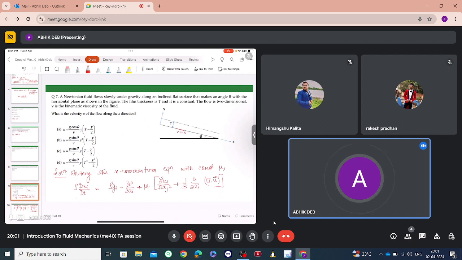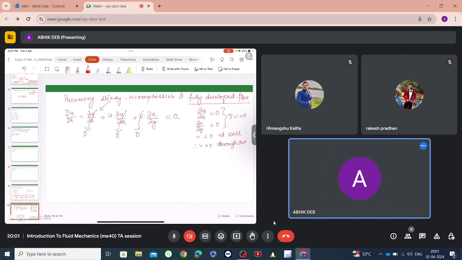Then since both the inlet and exit are exposed to atmosphere, del p by del x will be equal to 0.